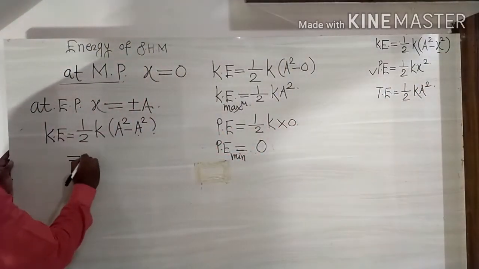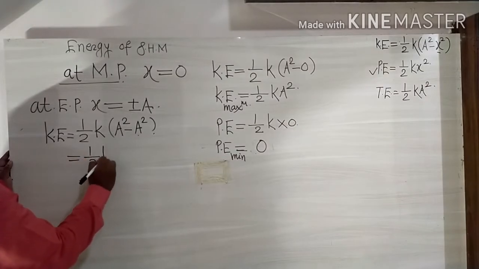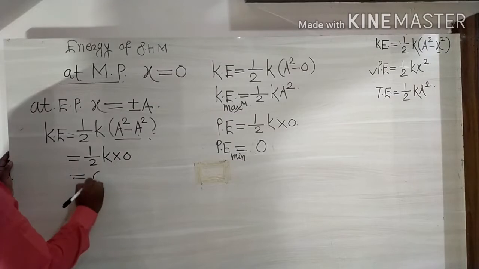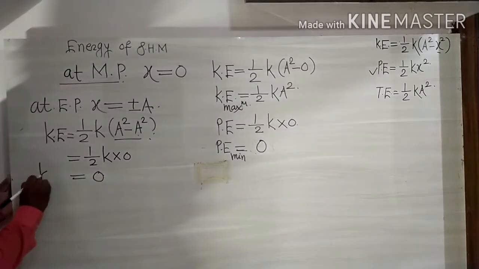So kinetic energy is equal to 1/2 k into 0, that is 0. So kinetic energy at extreme position is minimum, that is 0.